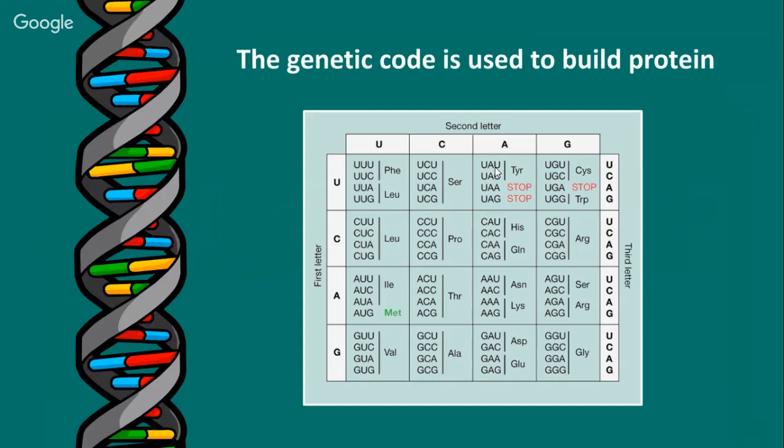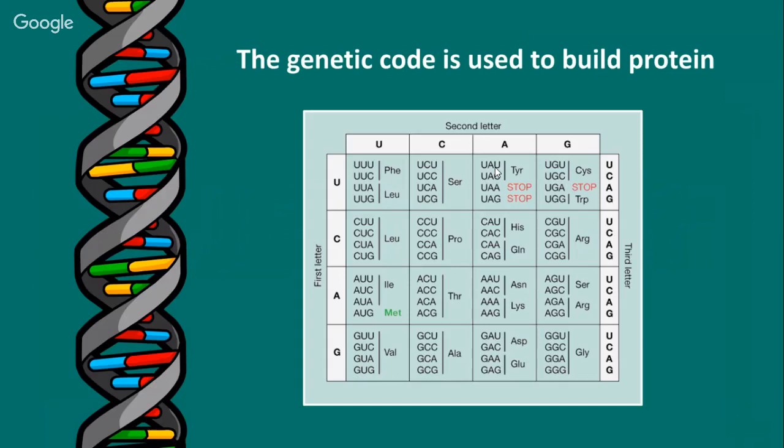The genetic code is the set of rules that govern the production of protein. So again, it's really important to differentiate between the genetic code and the genome. The genome being all the DNA that you have in your cells. The genetic code being the rules that govern that communication system between the genome and the ribosome.